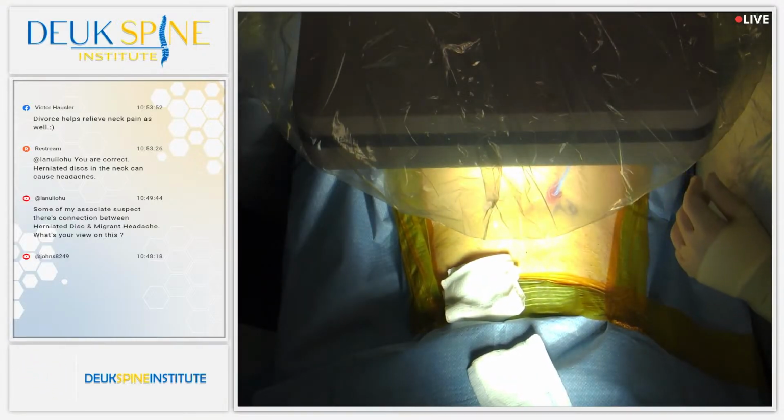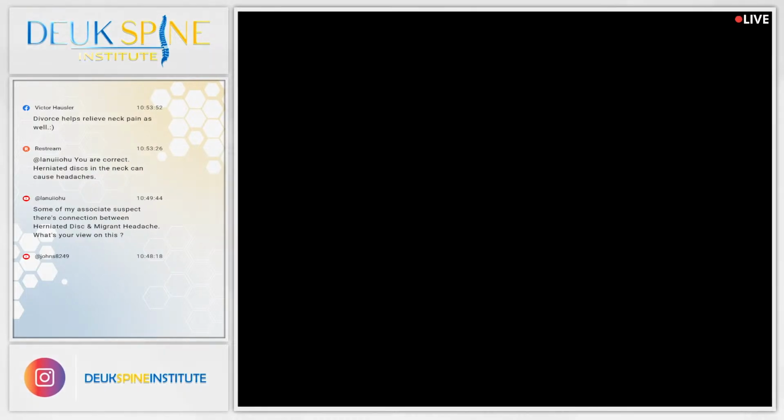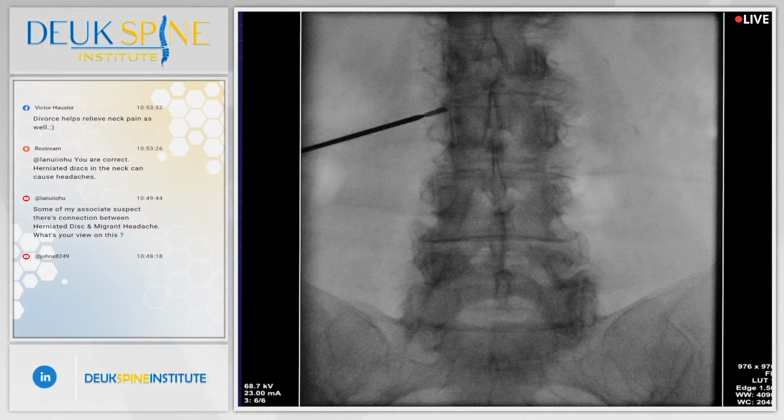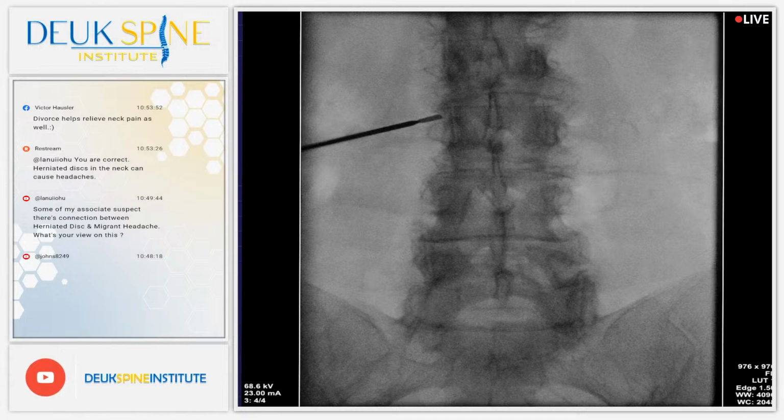You can see from our video that facet joints are a common cause of back pain. In this patient, they are the main cause of her back pain. And we're targeting the exact spot where the medial branch of the dorsal ramus comes out and innervates the facet joint.